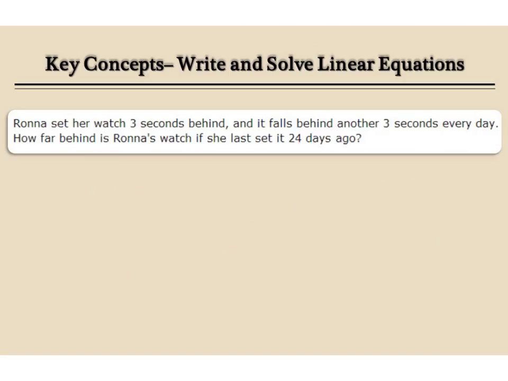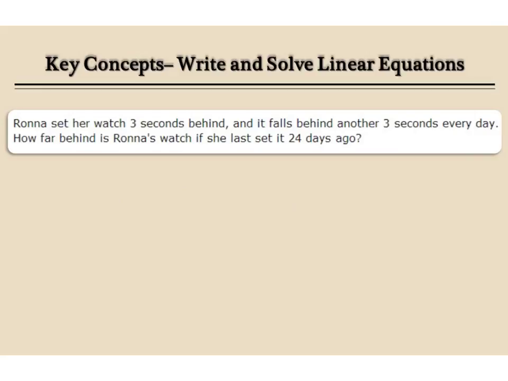Okay, here's a different kind of problem that you're going to see, a little bit different than the ones you've seen before. Rana set her watch 3 seconds behind, and it falls another 3 seconds every day. How far behind is Rana's watch if she set it 24 days ago?